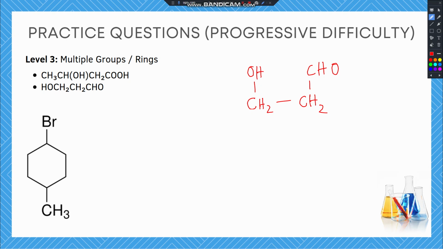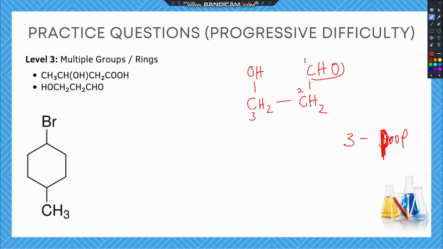So we have 1 carbon atom over here, 2 carbon atoms over here, and 3 carbon atoms. 3 carbon atoms gives us the name prop.